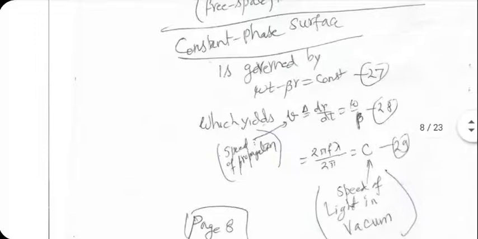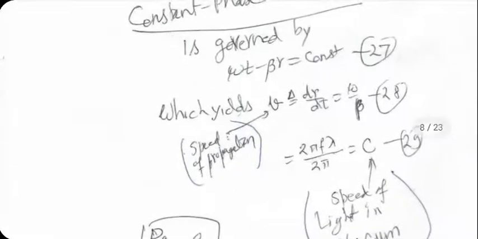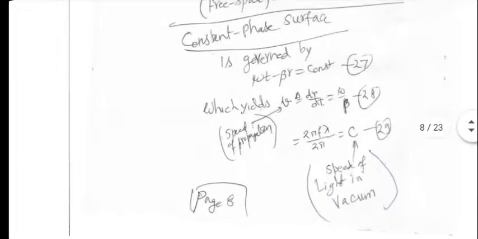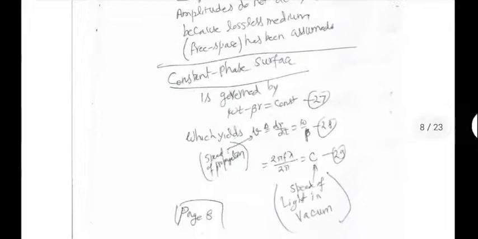For air, it is easy to figure out as 2 pi f times lambda divided by 2 pi, because beta is 2 pi by lambda. So for air medium or free space medium, this speed is almost equal to the speed of light. The radiated signal travels in air or free space at the speed of light, approximately speaking. This is a side effect of all the analysis, something that we knew intuitively, but we can now show it mathematically also.